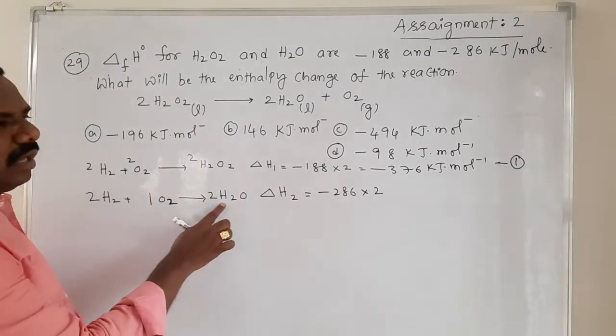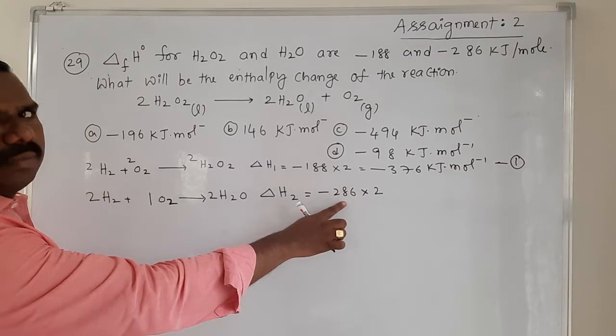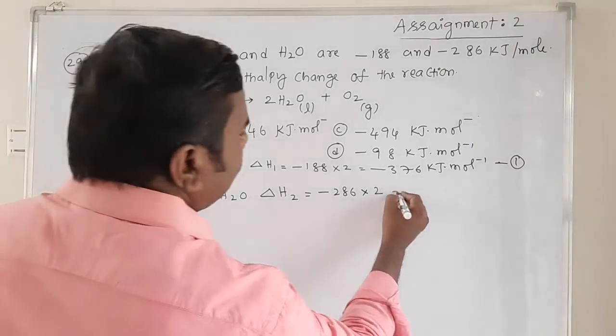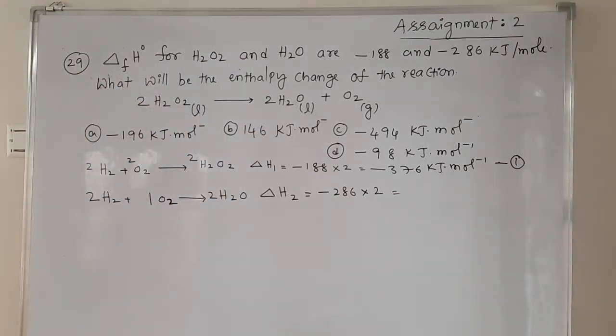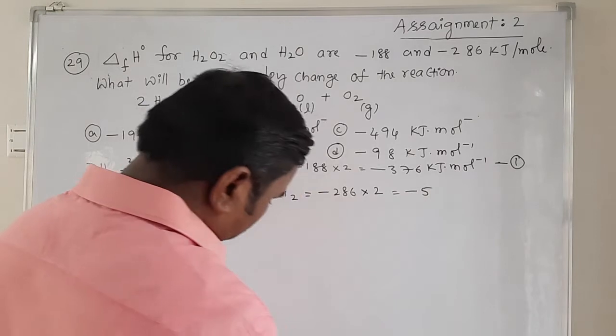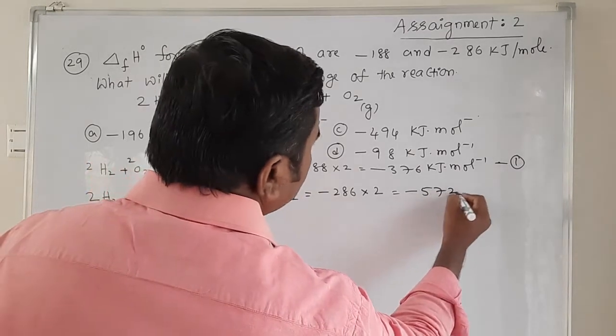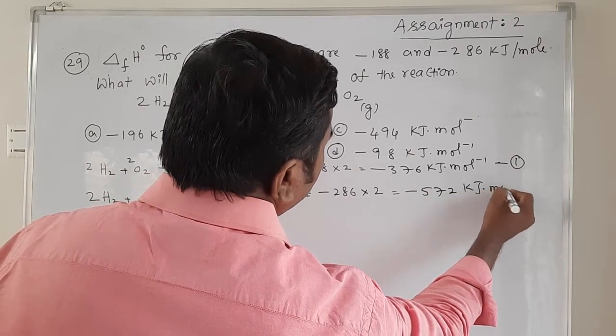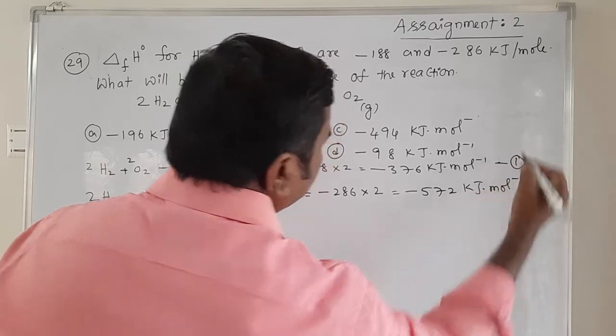If it is 1 mole of H2O, the value remains the same. The value will be minus 572 kilojoules per mole.